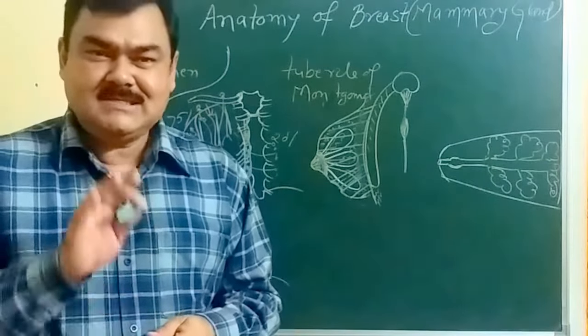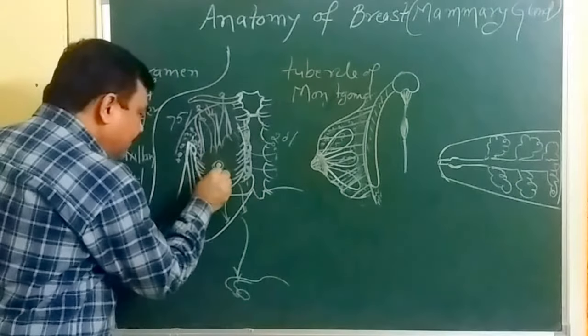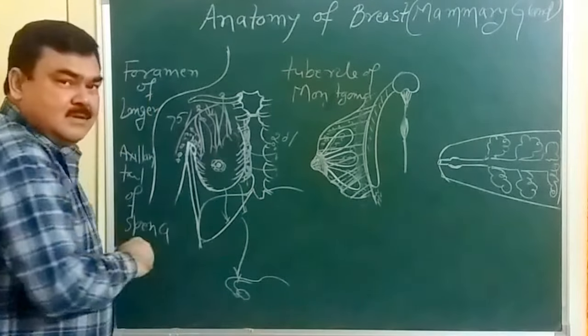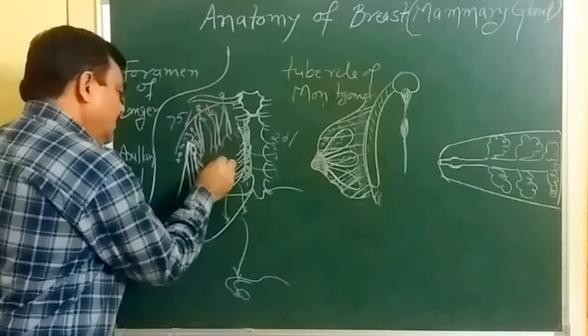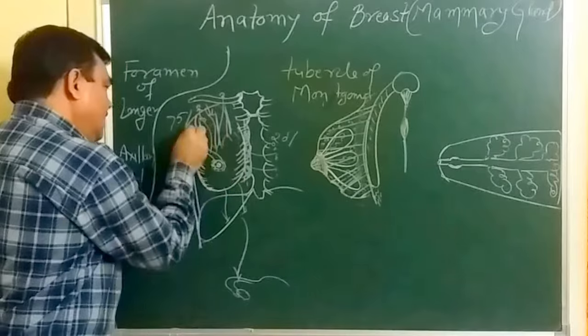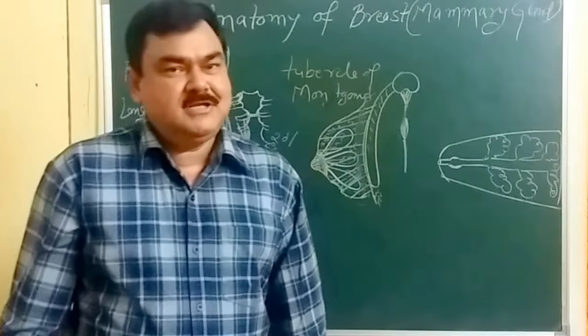It forms a subareolar plexus of Sappey, and this plexus usually drains into the anterior axillary group of lymph nodes.